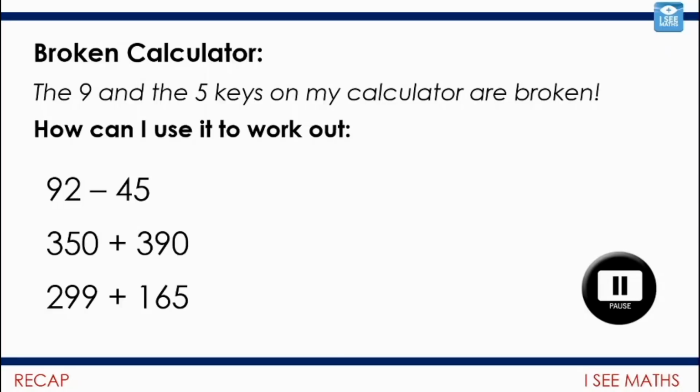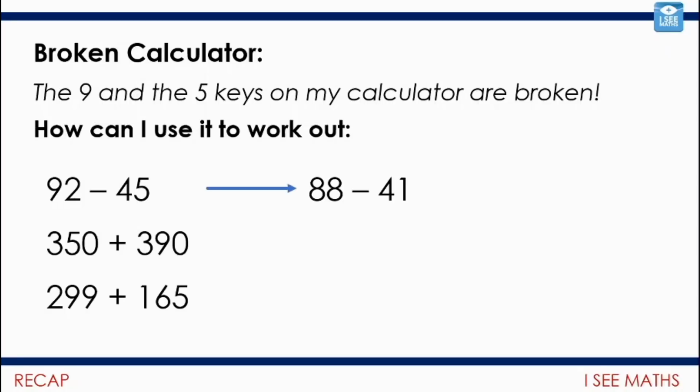Okay, now I'm going to show you some possibilities. Now this is just the way that I've manipulated the numbers. You might well have done it differently. I thought for that first one, I'm going to subtract 4 from both numbers, and that will give me a question where the answer will be the same. And 88 subtract 41, and it gives me 47.